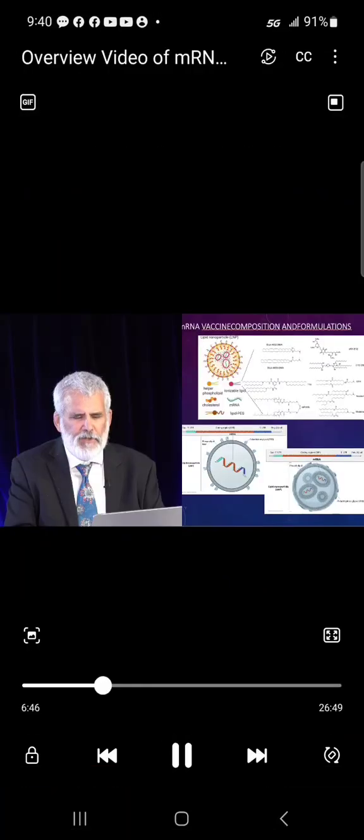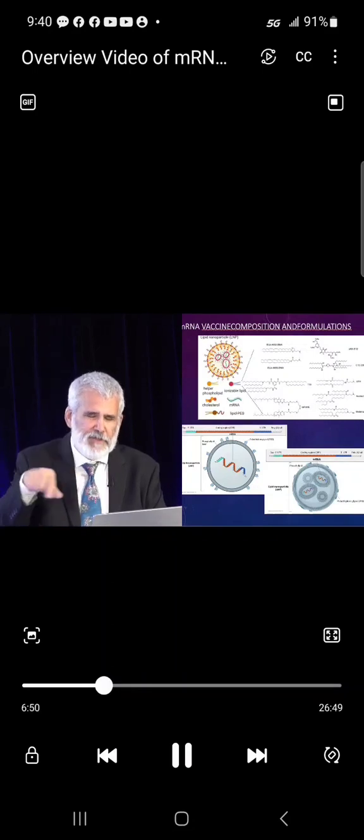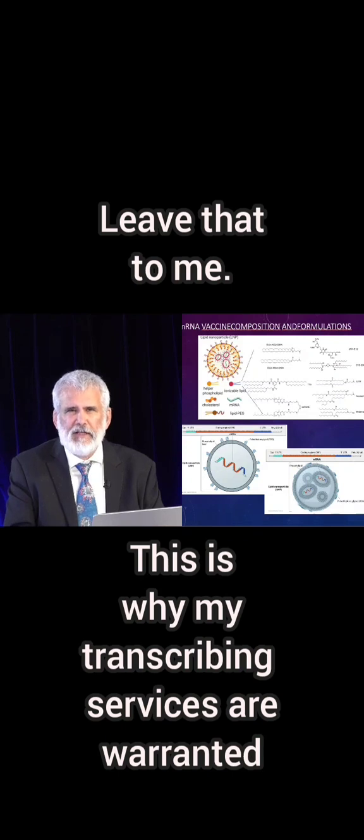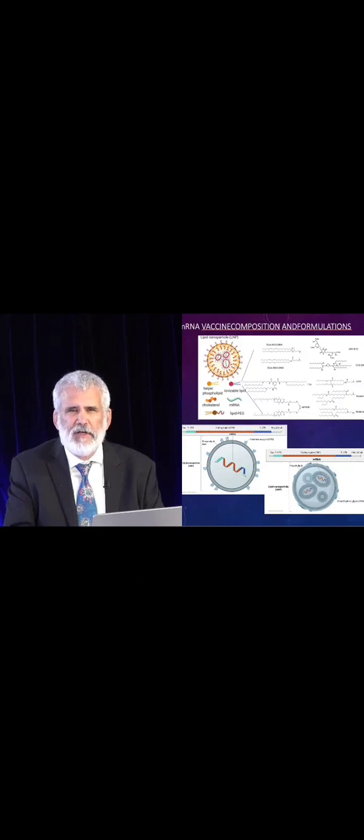By using polyethylene glycol and putting it onto the surface of the lipid particle, it can make it so that those lipid particles aren't readily taken up and cleared in the liver, for instance. That is the classic reason to use polyethylene glycol, or PEG.